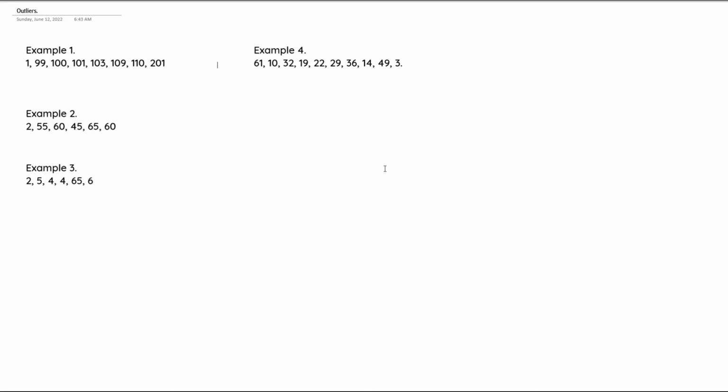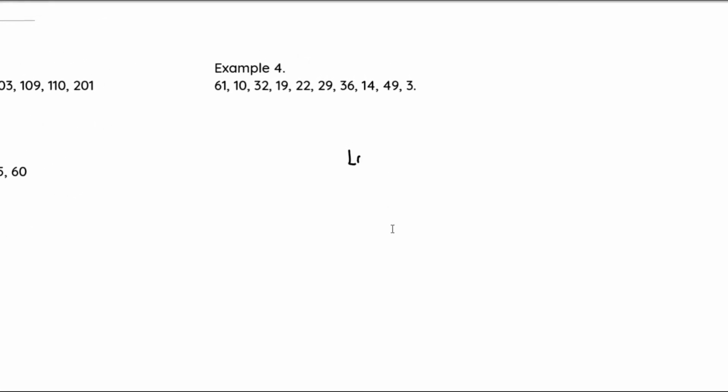And when you use the interquartile range, the lower boundary has the formula Q1 minus 1.5 times IQR. So this is the lower boundary of the fence we are creating to extract out outliers.